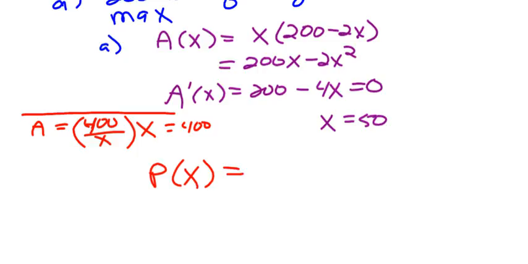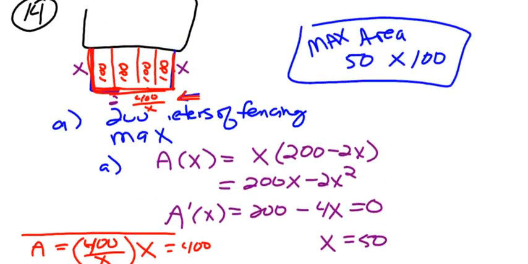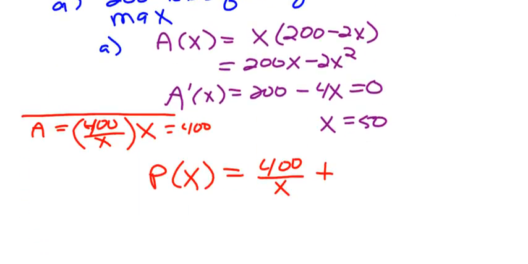going to be the 400 over x plus I have to count up the number of sides. 1, 2, 3, 4, 5. I have 5 of the x values, so I'm going to have 5x. So that gives me my perimeter, just counting up each of the sides that I'm going to use for fencing.